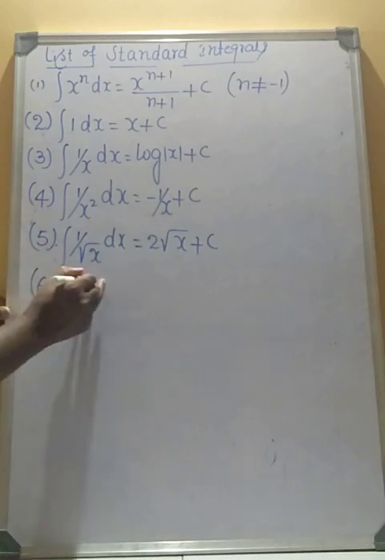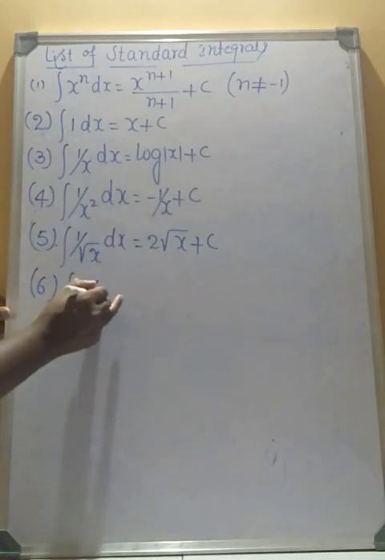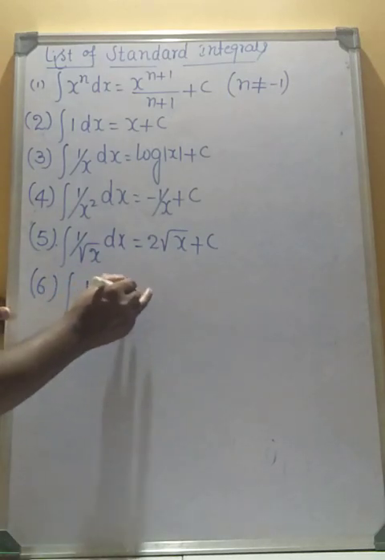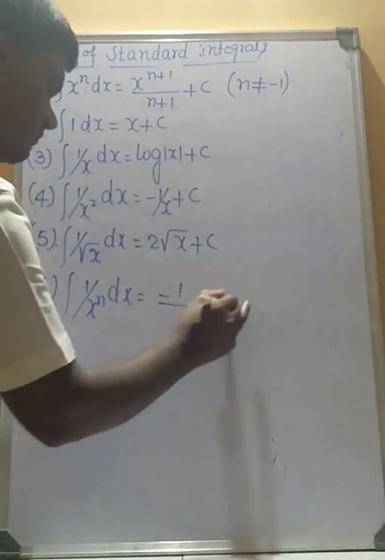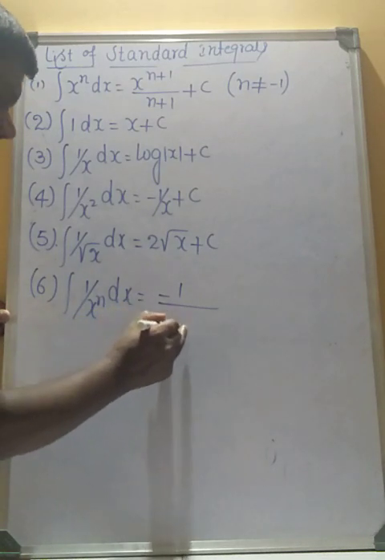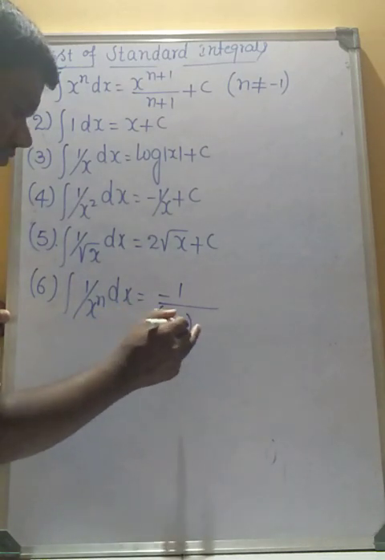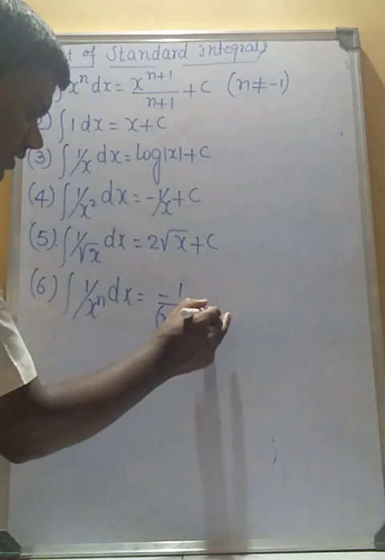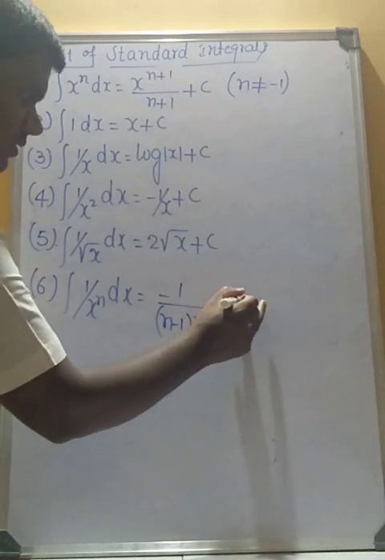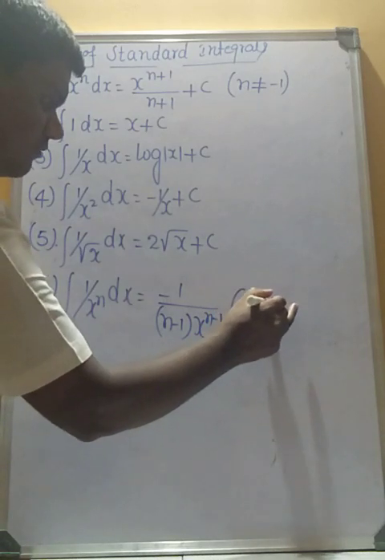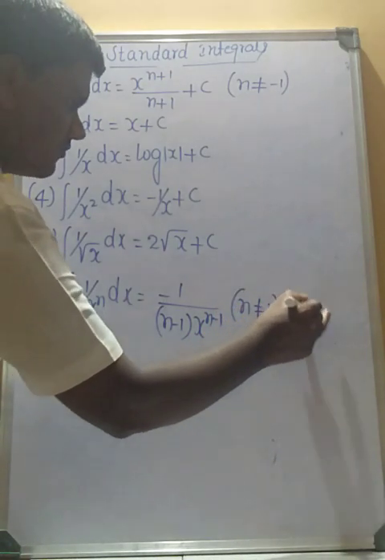Integral of 1 divided by x to the power of n into dx is equal to minus 1 divided by n minus 1 into x to the power of n minus 1, so in bracket, n is not equal to 1, plus c.